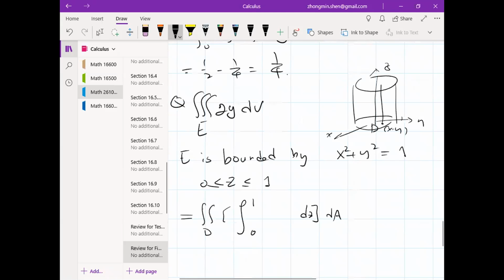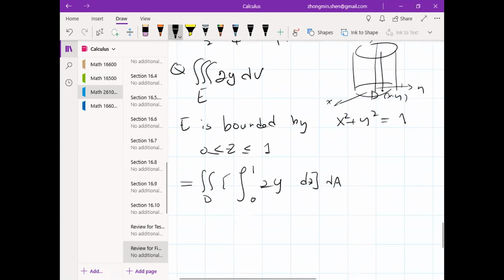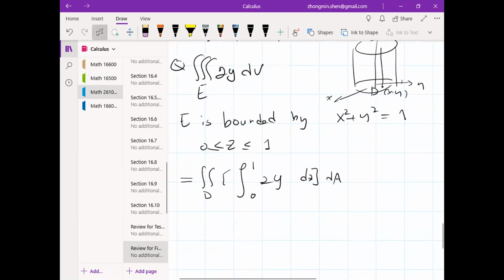Now, the upper bound could be a function. Sometimes we use a plane to cut the top part. And then that's 2y. So the first step is to determine what D is.